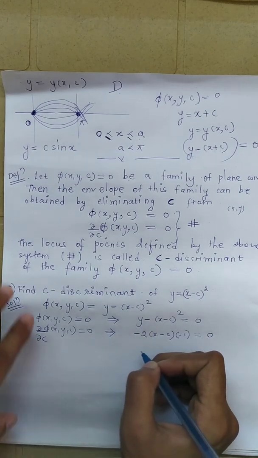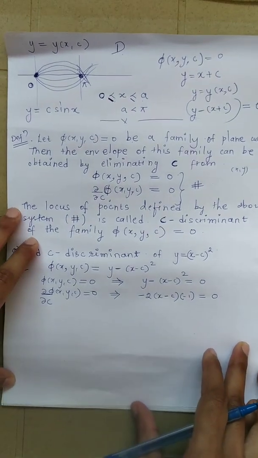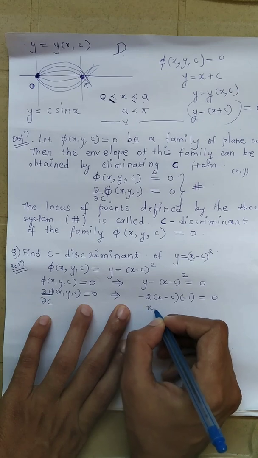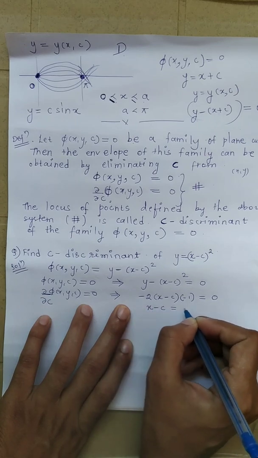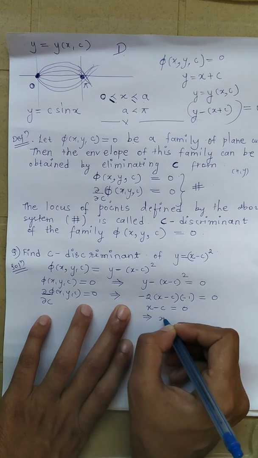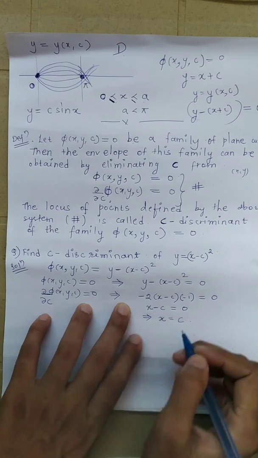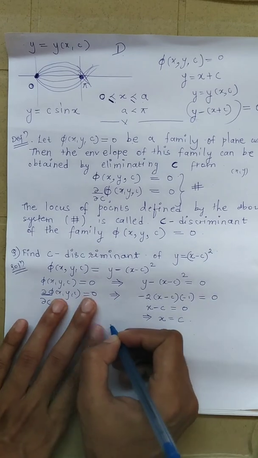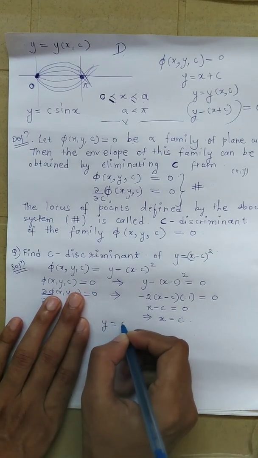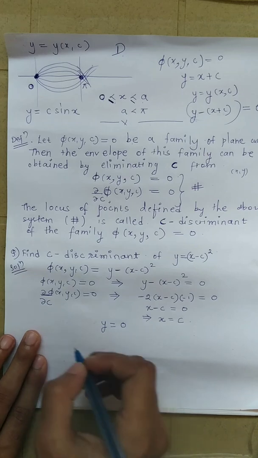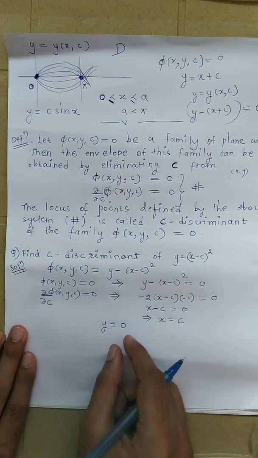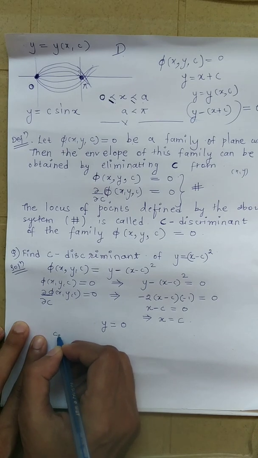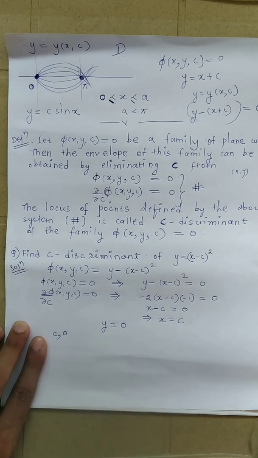If we solve this, it implies x minus c equal to 0, that implies x is equal to c. So if we put x equal to c here, it gives us that y is equal to 0. Therefore the C discriminant will be of the form c comma 0.